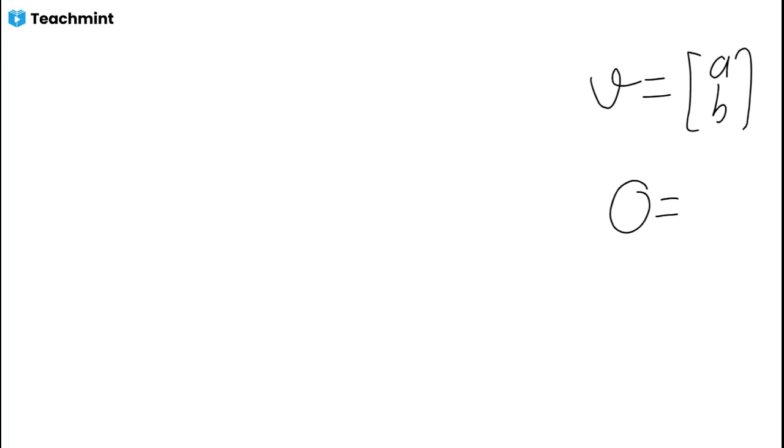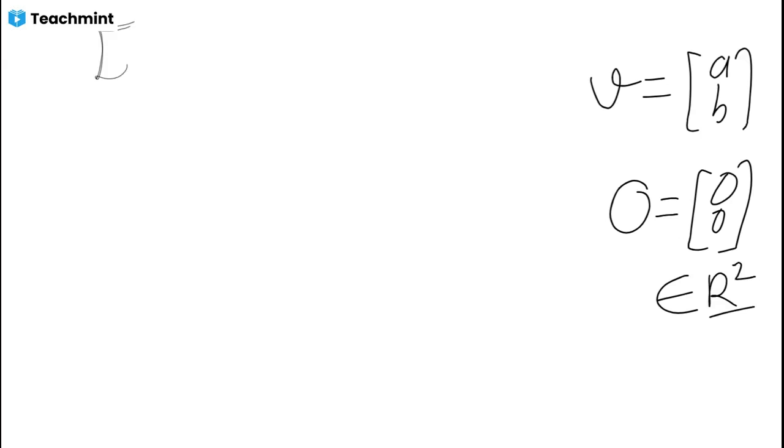As we have a vector having two components in the form of this, similarly this must be in the same set as we are taking, R2. So obviously we have the null vector or zero vector in the same. So we can say existence of additive identity is satisfied. Next, existence of additive inverse.